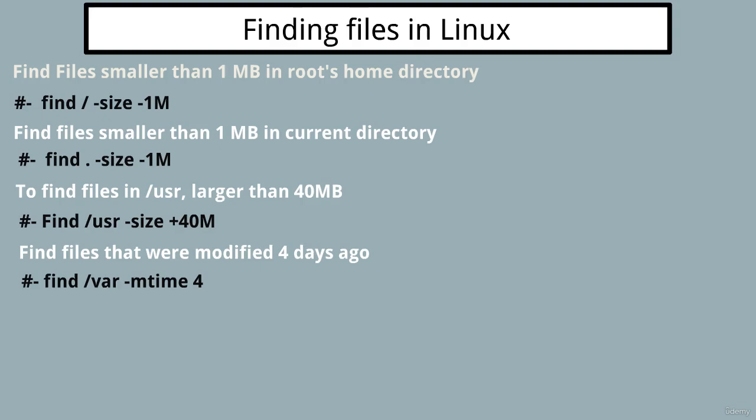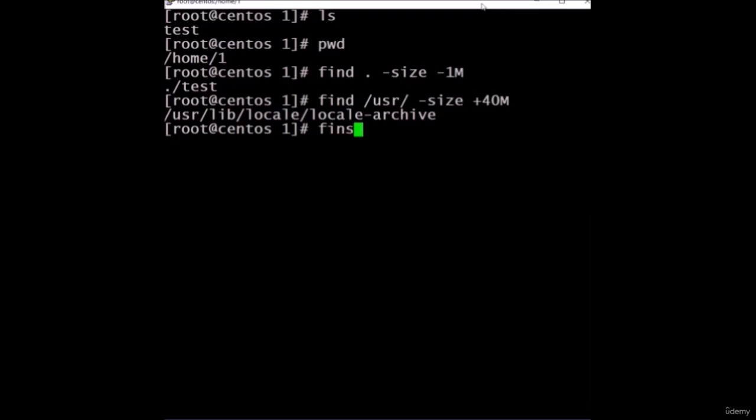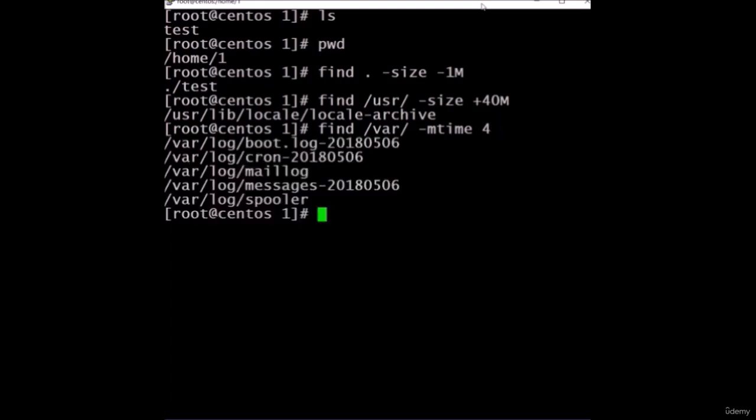So anything that was modified exactly 4 days ago, we can find using this command. Find /var -mtime 4. Hit enter. As you can see, it found all the files modified 4 days ago.